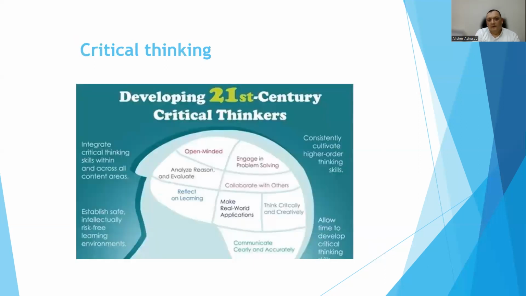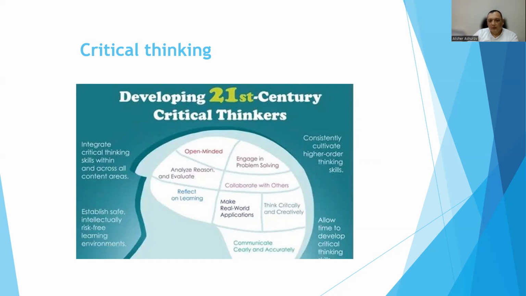And critical thinking. As for critical thinking, we mentioned you integrate critical thinking skills across all content areas. So you should try to analyze the problem from different points of view, or analyze reasons and evaluate them, and consistently cultivate higher order thinking skills.